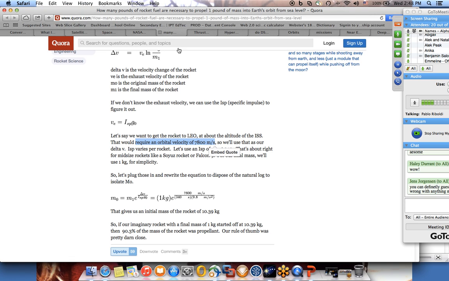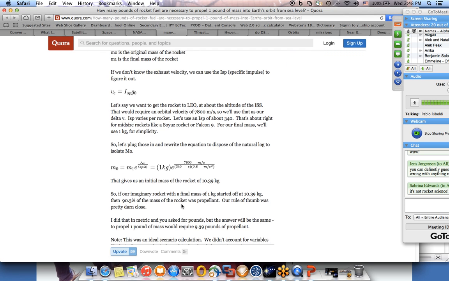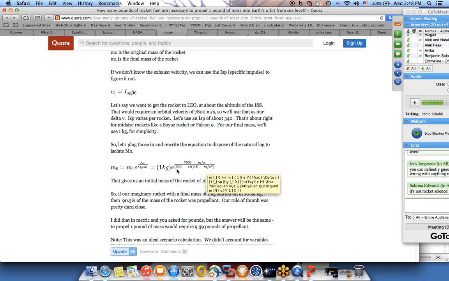So here it is saying that orbital velocity is 7,800 meters per second, so about the same. So you put that in the equation right here, okay? Then you divide that by 340 seconds, and this is assuming that you are going to send 1 kilogram up, okay?